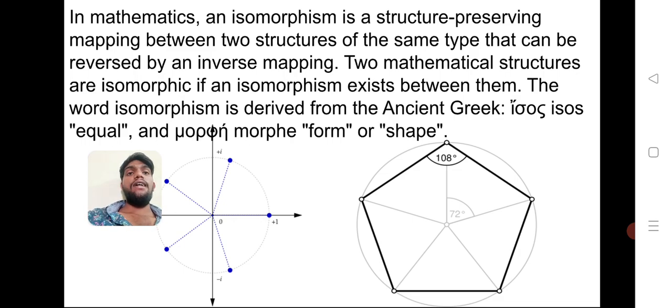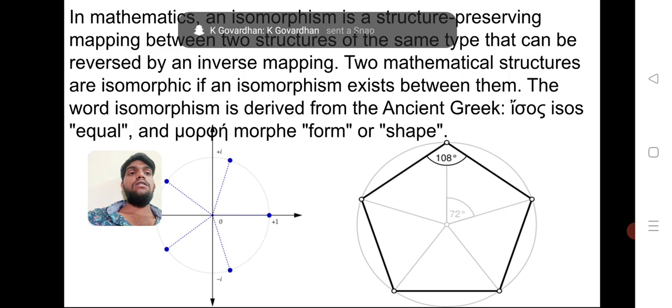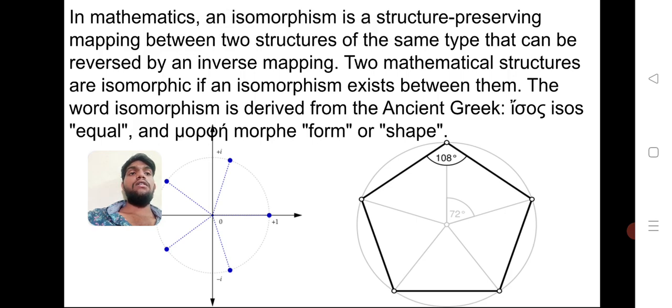In mathematics, an isomorphism is a structure-preserving mapping between two structures of the same type that can be reversed by an inverse mapping. Two mathematical structures are isomorphic if an isomorphism exists between them. The word isomorphism is derived from the ancient Greek isos, meaning equal, and morphe, meaning form or shape.